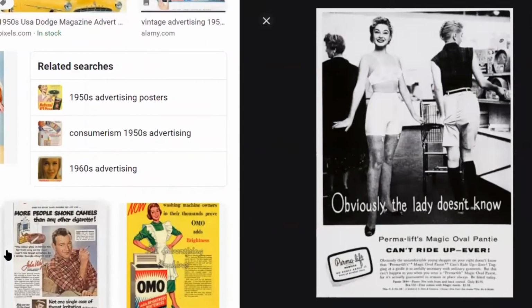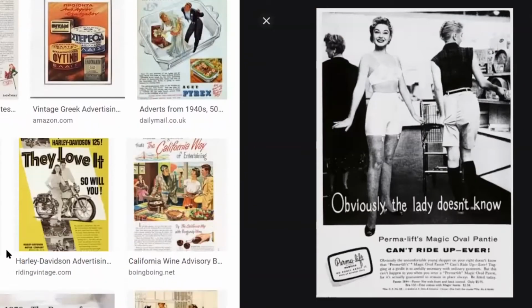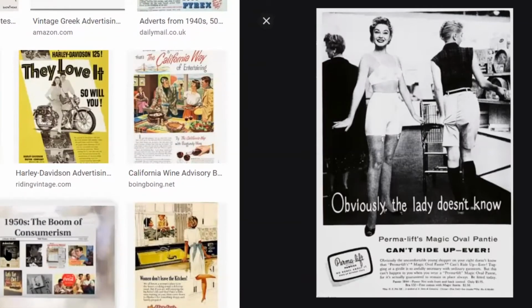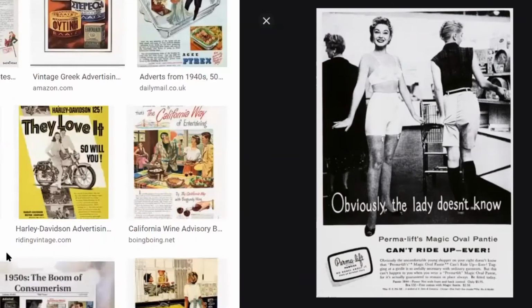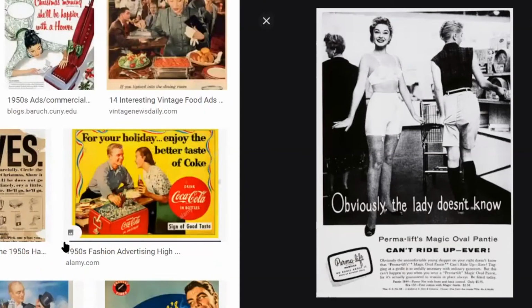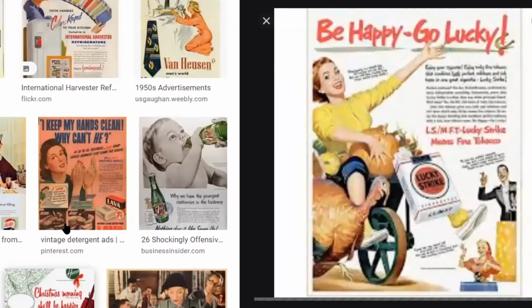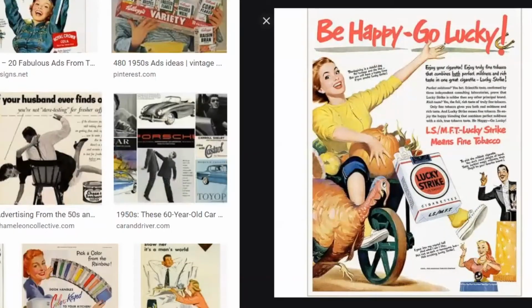And yes, it is quite troubling to see the extent of it and how rigid the gender roles were, and what kind of messages they were promoting, like this one, this one, this one.